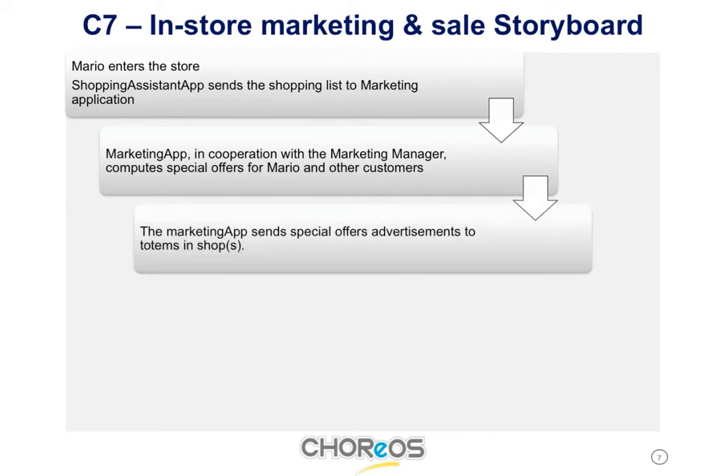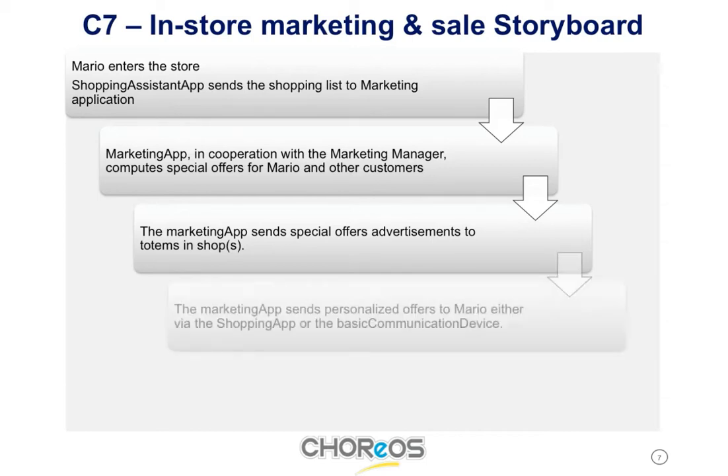The marketing application at this point sends special offer advertisement to totems in shops. At the same time, the marketing application service sends personalized offer to Mario and to the other customer inside the shop using both the shopping assistant application and the basic communication device services.